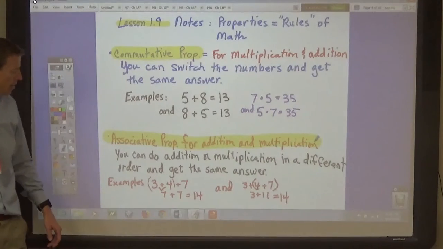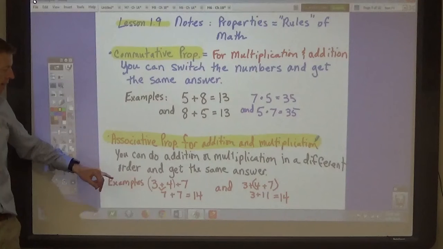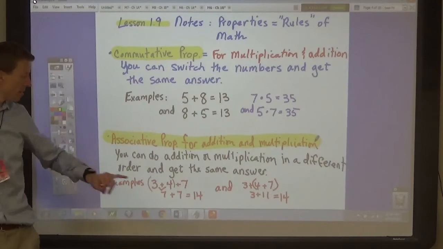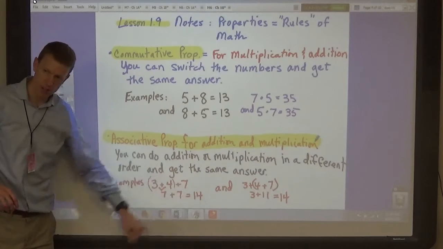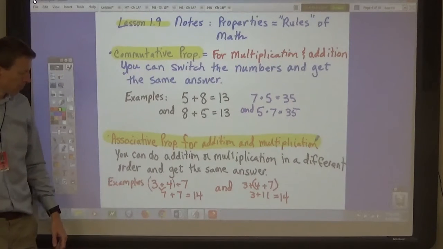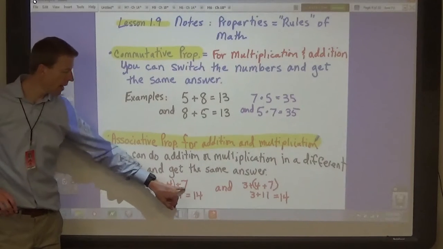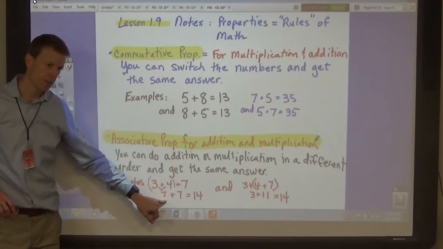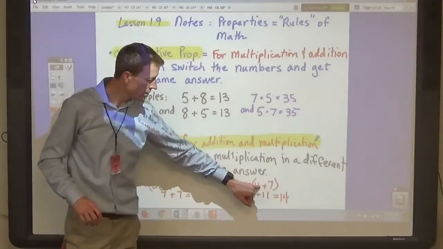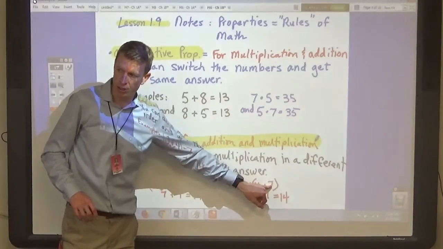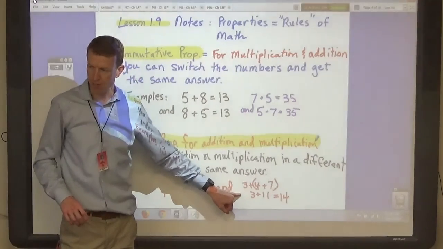What this one is, it's similar to the commutative property, except that if you think of these as being the first, second, and third terms, you can either add the first 2 terms first and then add the third one, or you can add the second and third one first and then add the first one, and you get the same answer.